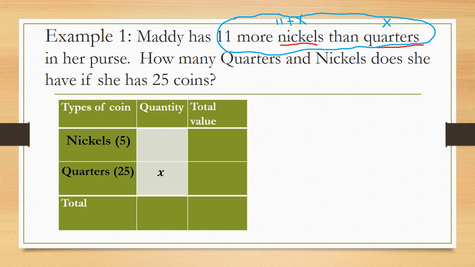The quantity of the quarters is X because they are mentioned later, and the quantity for the nickels is X plus 11.